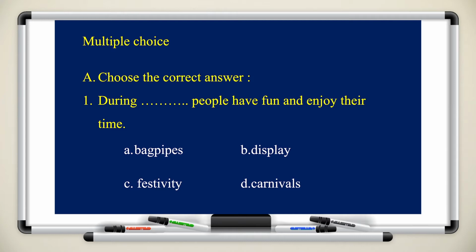Now, can you remember the meaning of the last two words, festivity and carnivals? I helped you with the first two answers and now try to remember C and D. The correct answer is carnivals. I will read the sentence again. During carnivals, people have fun and enjoy their time.